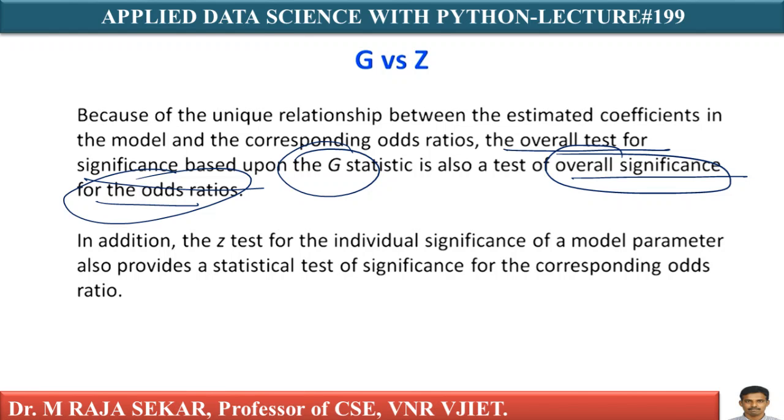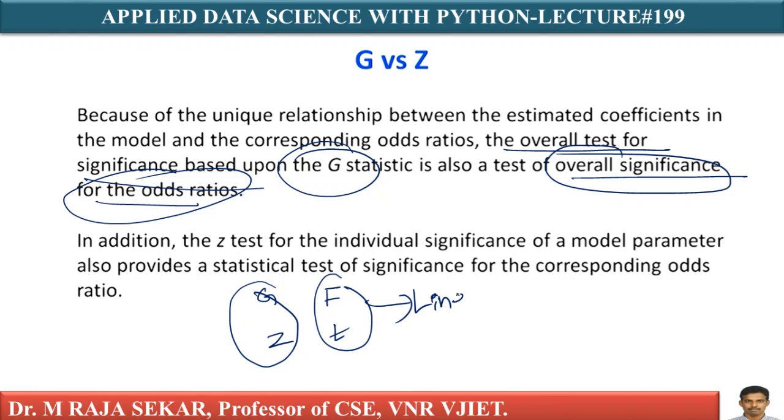We already discussed in previous lectures the F test and T test, which relate to linear regression, whereas the G test and Z test are for logistic regression.